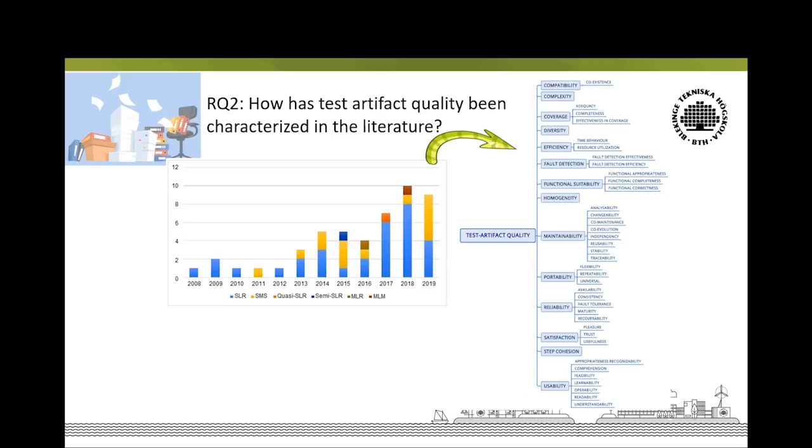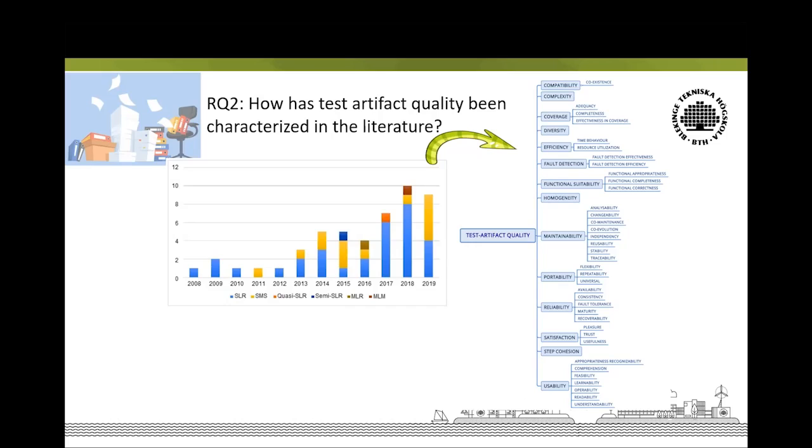For the synthesis, what we did is that we gathered information about test artifact qualities and quality measurements as well from the secondary studies, but for the sake of simplification, I just show the list of quality attributes that we have collected. And it's also worth emphasizing here that we also make use of the ISO standard for software quality, because that's very relevant to what we're doing.